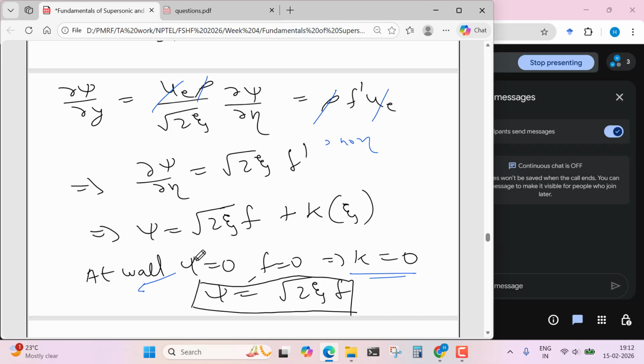And at the wall, ψ equal to 0. This ψ equal to some constant always gives the streamline, and ψ equal to 0 always gives the boundary of one body, which is nothing but the wall here. So ψ equal to 0.